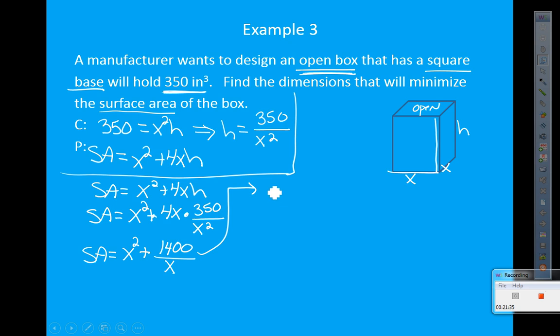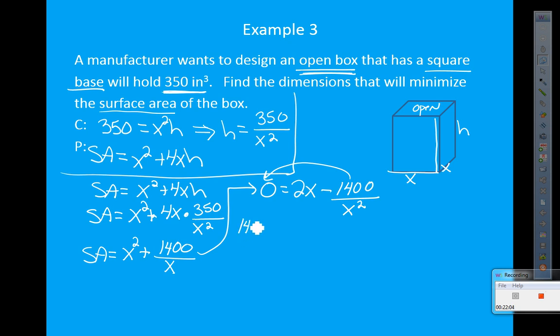Our next step, find this derivative, and we're going to set it equal to 0. So the derivative of x squared is 2x. The derivative of 1400 over x is going to be minus 1400 over x squared. Once again, one of my critical points could be 0, but that's not going to help us any. So here's what I'm going to do next. I'm going to move this to the other side.